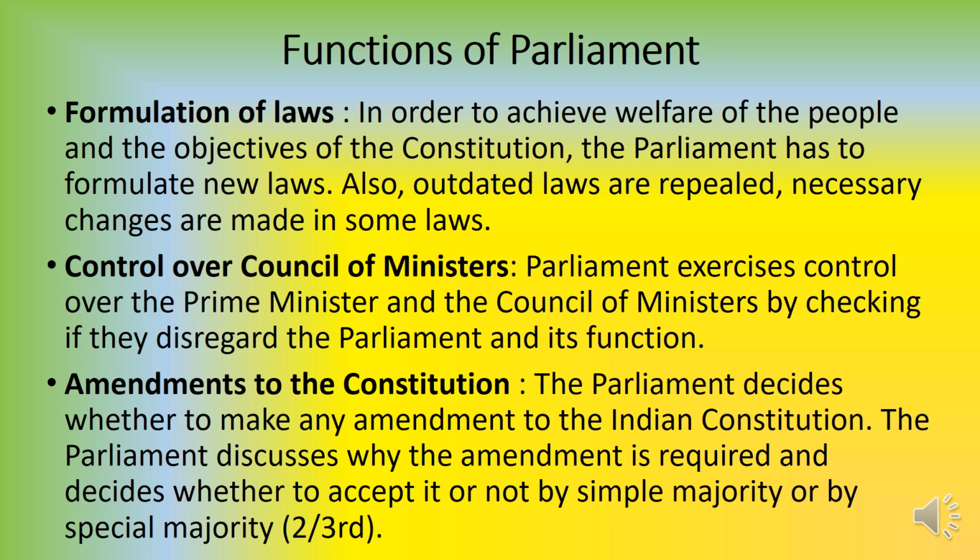By either a simple majority or by a special majority, which is two-thirds of the members. So the parliament has the right to make changes in the constitution, and it discusses why the change is needed, whether they should accept it or not, and how they should accept it. So we studied the functions of the parliament, which are formulation of laws, control over the council of ministers, and amendments to the constitution.